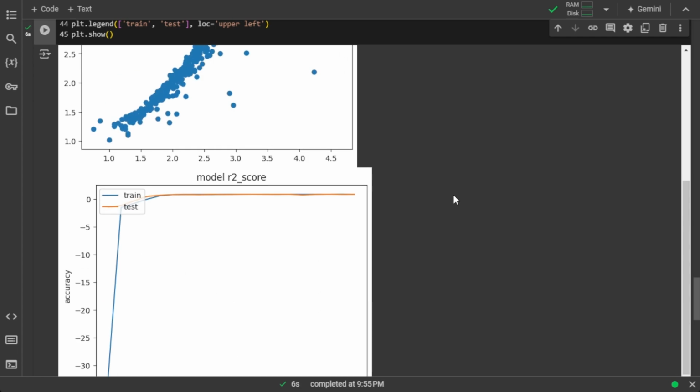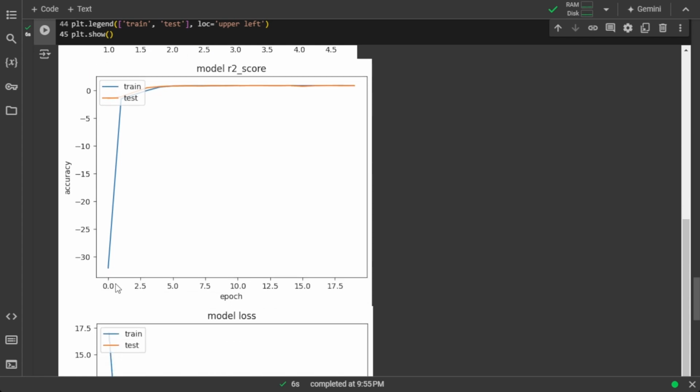Now these are the training and testing scores, and they're kind of pulled out of the model. The model tracks its performance, and so this shows how, as it went through the epoch iterations, the model score improved.